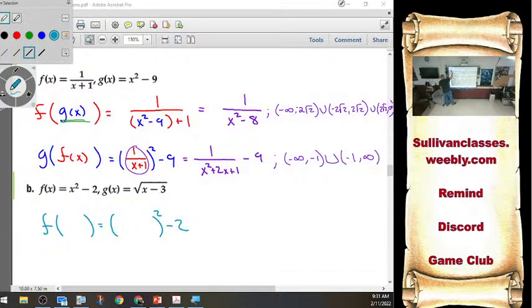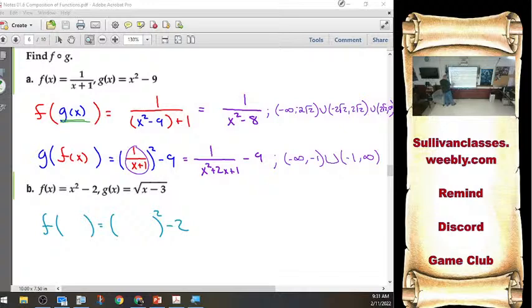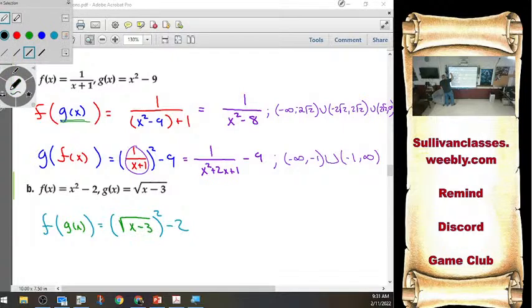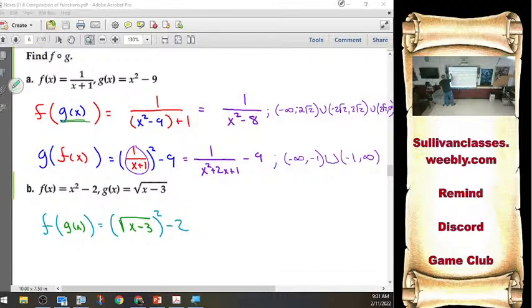The thing, in this case, is going to be g of x, which is the square root of x minus 3. So this is where we were going with all of this. What happens when I square a square root? Kapoof! And I get x minus 3 minus 2 is x minus 5.